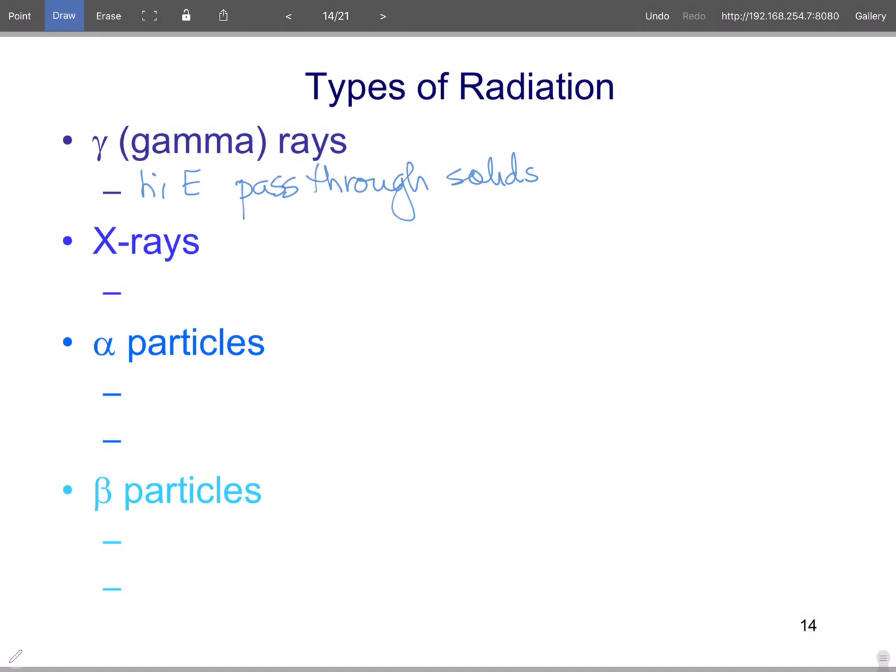They pass through solids easily, even the earth. So a gamma ray wouldn't hurt you because it's going to pass straight through.